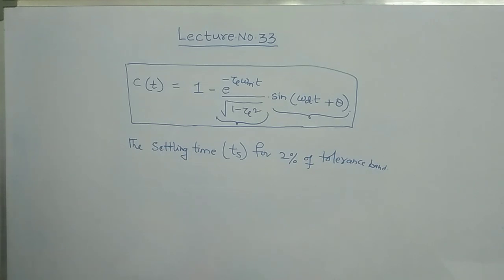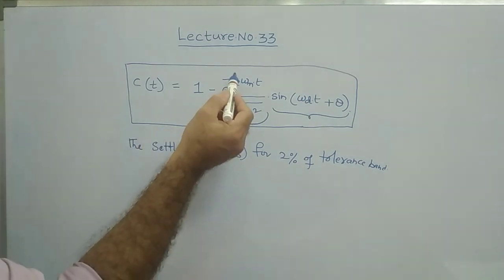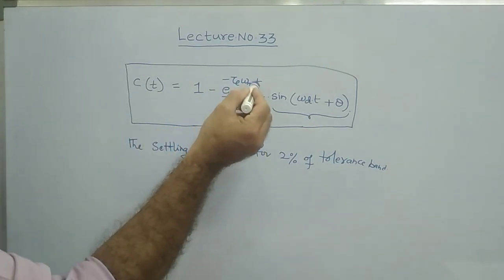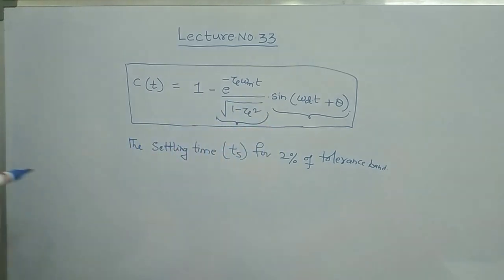Okay, the settling time for 2% of tolerance band, what will be the expression? Then simply you equate this particular exponential function to 2%.